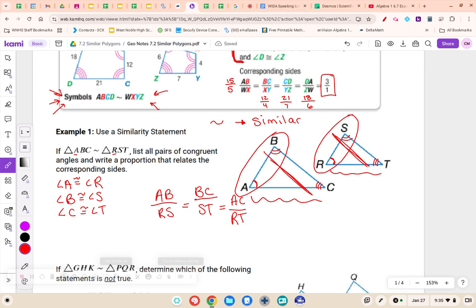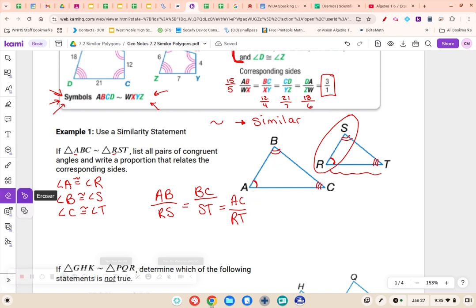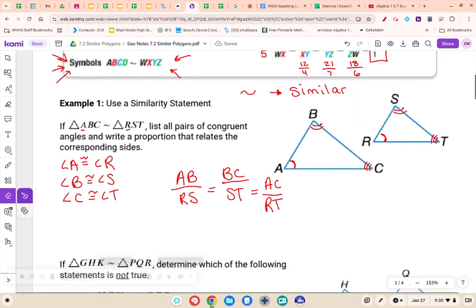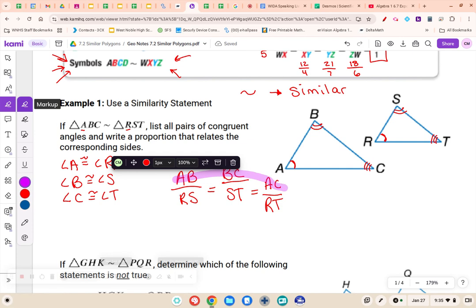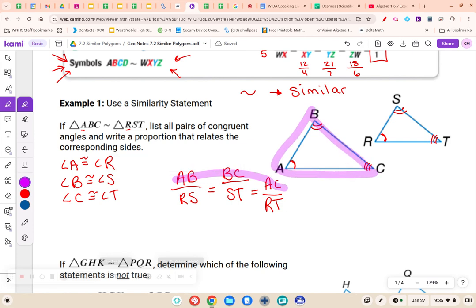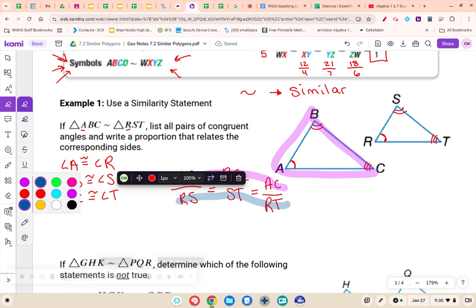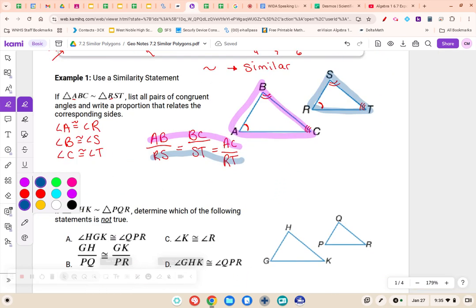Now, if you'll notice, I did not mark them as congruent because they are not congruent. I just did some squiggles. Also, everything on top is from this shape, and everything on bottom is from this shape. You have to be very careful to match things up appropriately, so that you don't have the incorrect fractions, which would make them not look like they're proportional, okay?